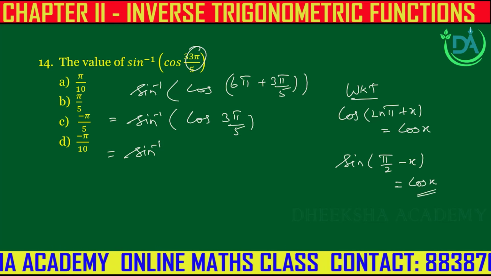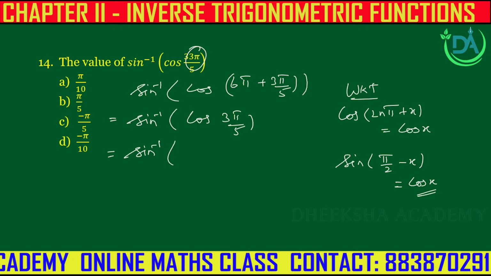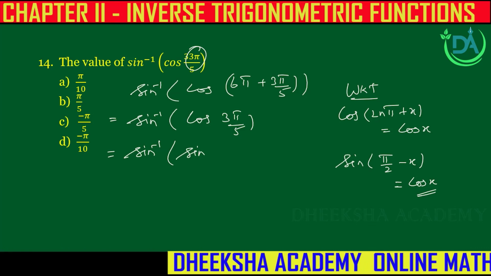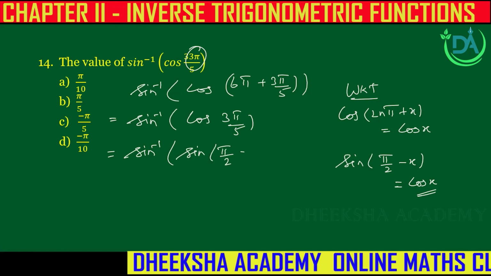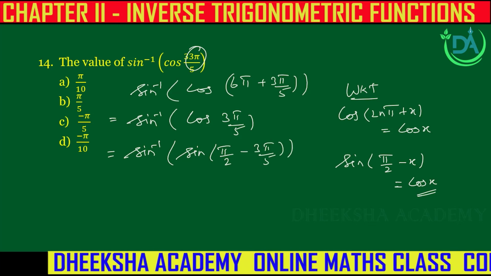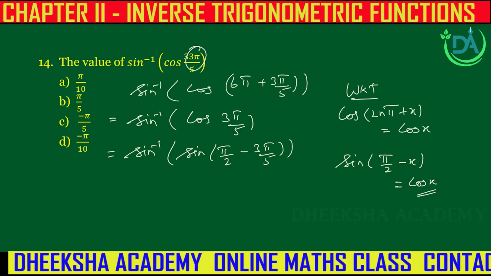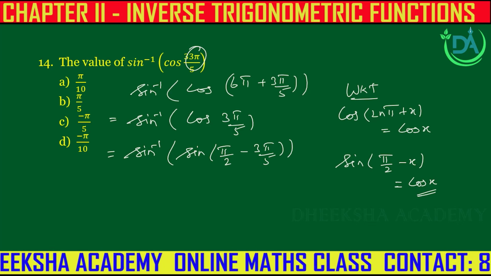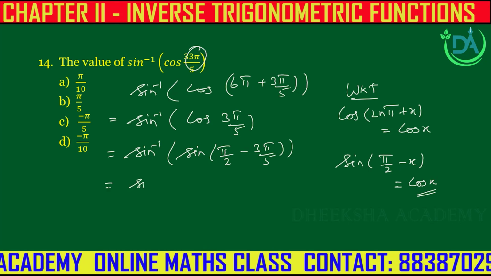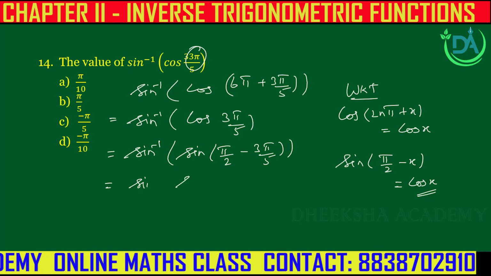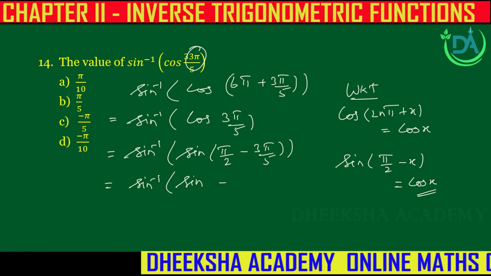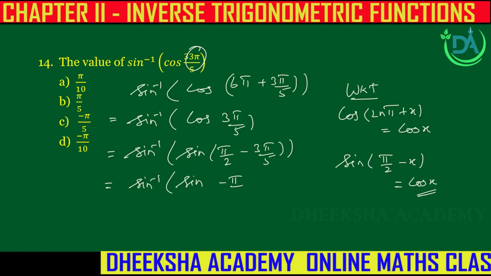So using this trigonometric formula, cos of 3 pi by 5 can be written as sine of pi by 2 minus 3 pi by 5. So cos of 3 pi by 5 is equal to sine of pi by 2 minus 3 pi by 5, which is equal to sine inverse of sine of pi by 2 minus 3 pi by 5, which is equal to minus pi by 10.